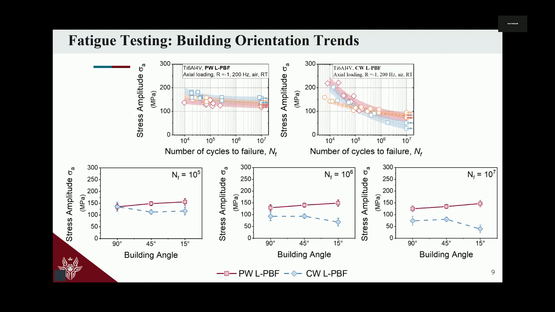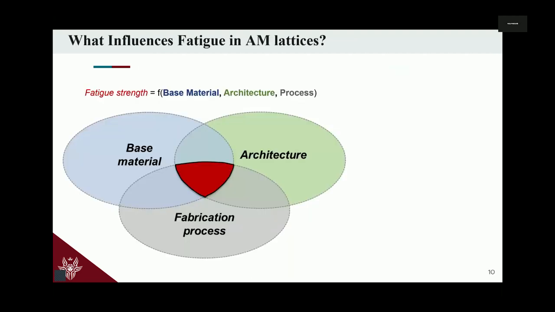You can clearly see that this is particularly true for lower building orientations at 45 and 15 degrees, while at 90 degrees, but I will discuss this later, we have a perfect match at 10 to the power 5 cycles, but this match is no longer valid at 10 to the power 6 and 10 to the power 7 cycles, respecting the trend of the other two building orientations. So, as I was saying, the mechanical properties and the fatigue strength of the component depend on these three main areas. But here we are keeping the base material fixed, the same feedstock powder.